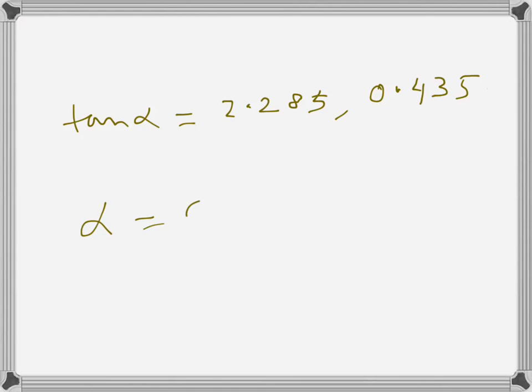So tan alpha becomes 2.285 or 0.435. So alpha becomes 66.36 degree or 23.5 degree. So these are the two possible angles at which the boy has to throw the stone to get that particular range.